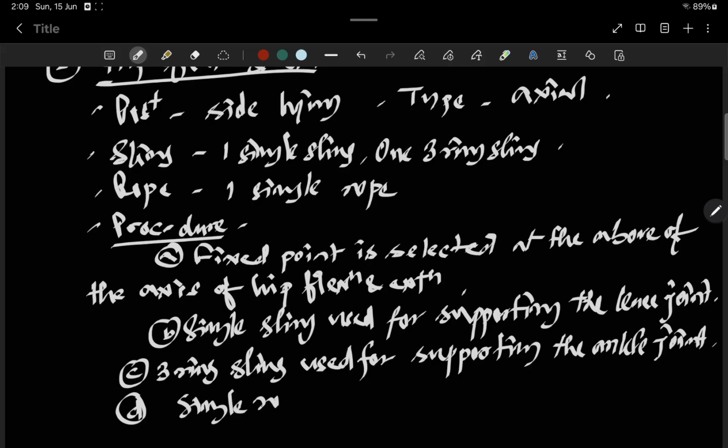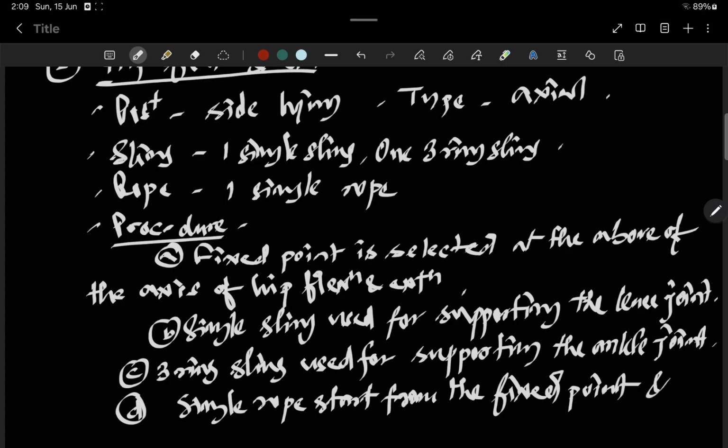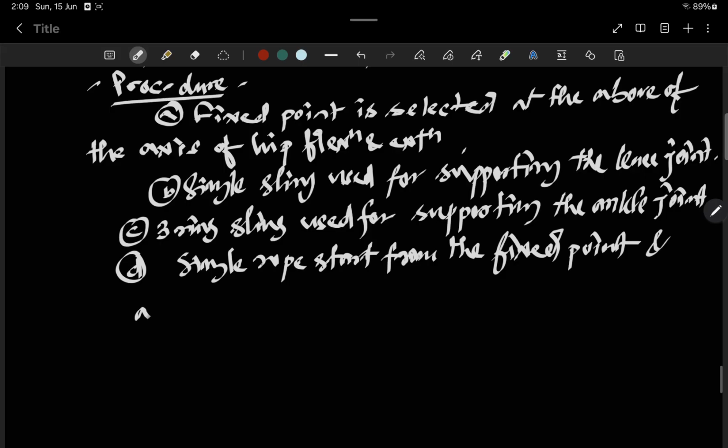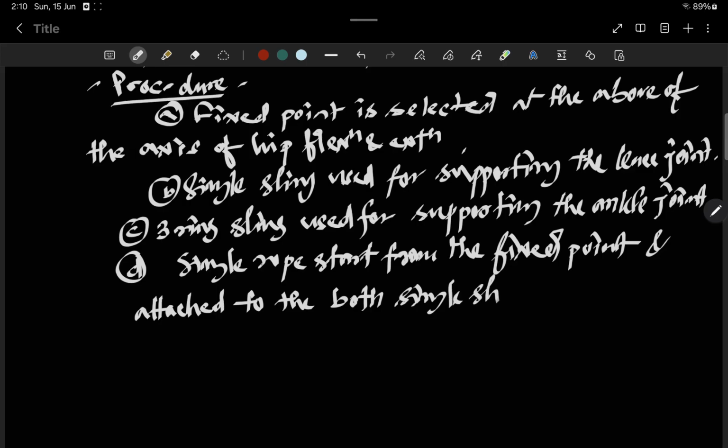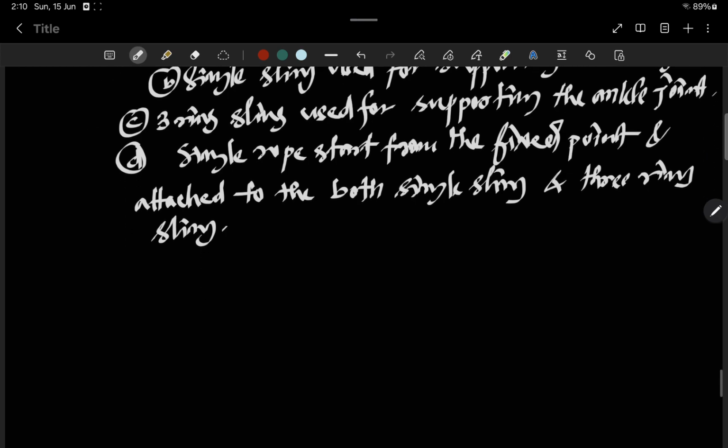Single rope starts from the fixed point and attaches to both the single sling and three ring sling. Okay.